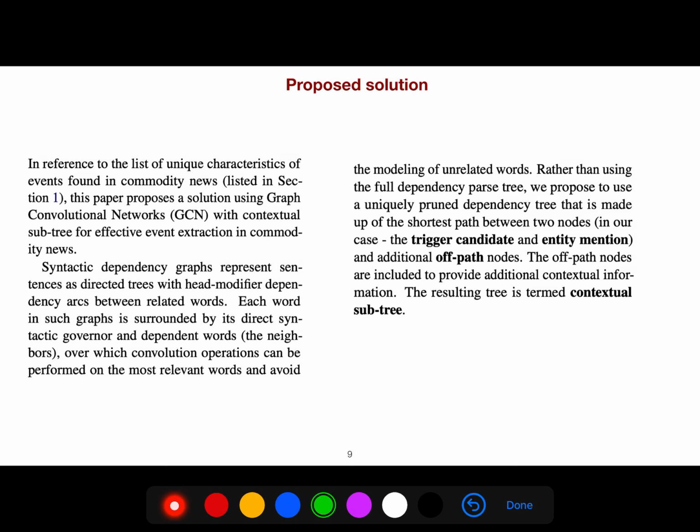Rather than using the full dependency parse tree, we propose to use a uniquely pruned dependency tree that is made up of the shortest path between two nodes, the trigger candidate and entity mention, and additional off-path nodes. The off-path nodes are included to provide additional contextual information. The resulting tree is termed contextual subtree.